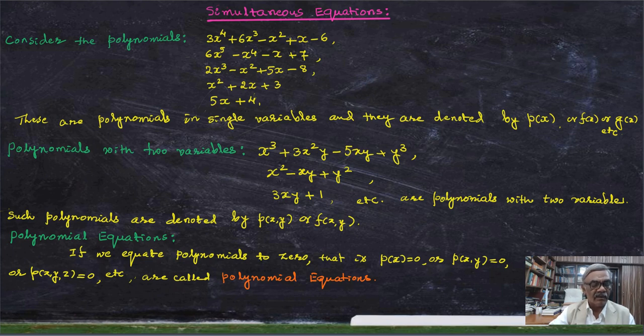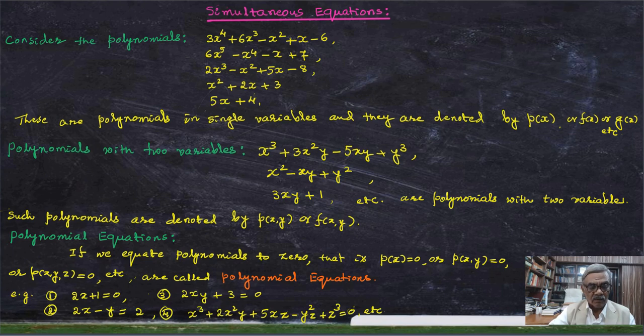For example, 2x plus 1 is equal to 0 is a polynomial equation in a single variable. And second, 2x minus y is equal to 2. I have said it is equated to 0; I mean, in the second equation, if you take minus 2 to the left hand side, the right hand side is going to be 0.